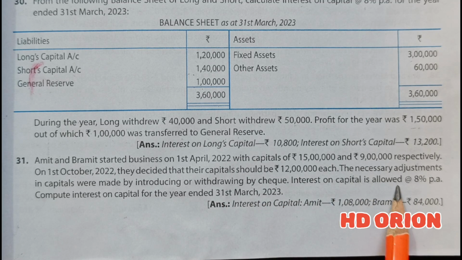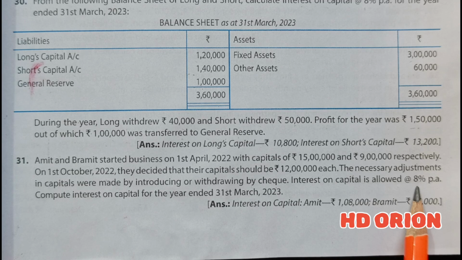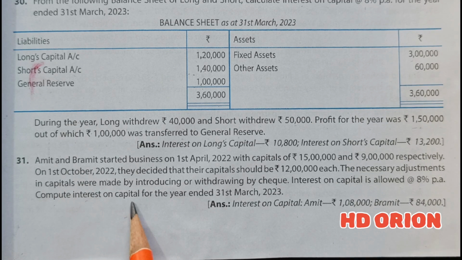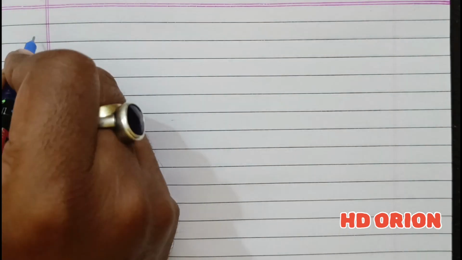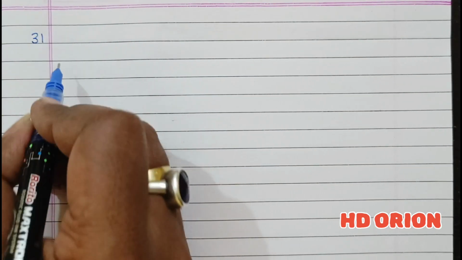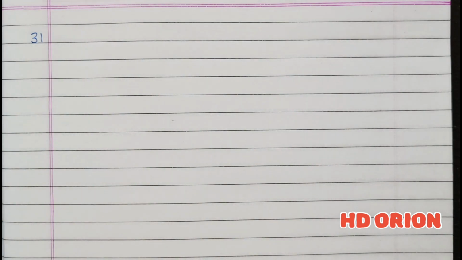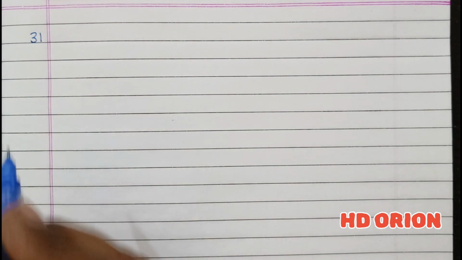Interest on capital is allowed at the rate of 8% per annum. Compute interest on capital for the year ended 31st March 2023. So let us calculate interest on capital. So solution 31, we will calculate interest on capital for Amit.